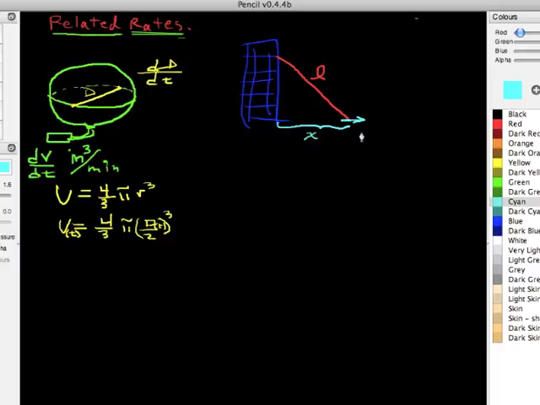He was pulling the bottom of the ladder out at a certain rate. So the change in x with respect to time is some rate. He's just sliding it out. Again, why, I have no idea.